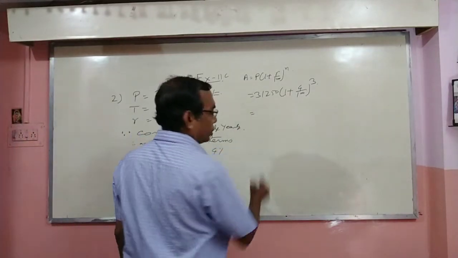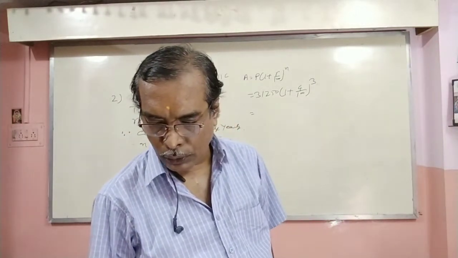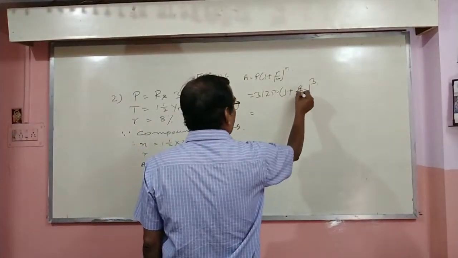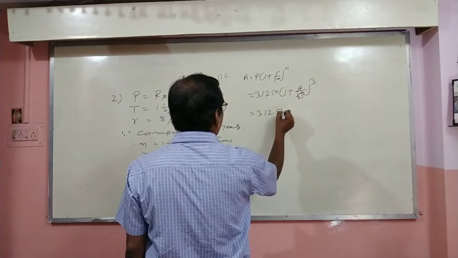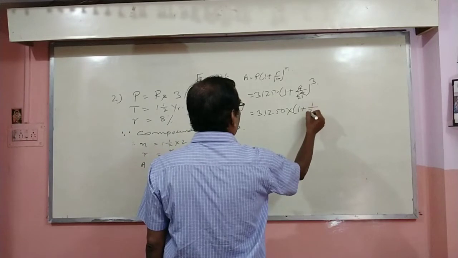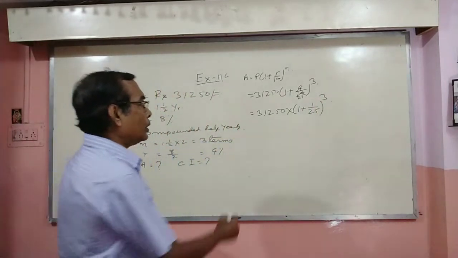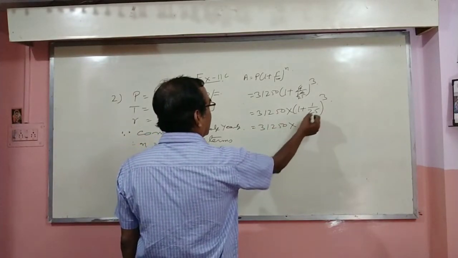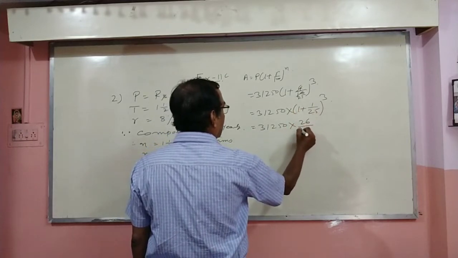So this one is equal to, while taking the calculations, I am finding that 4 25s are 100. So 31250 into 1 plus 1 by 25 whole power 3. So now after simplifications, 31250 into 25 plus 1 is 26, 26 by 25.